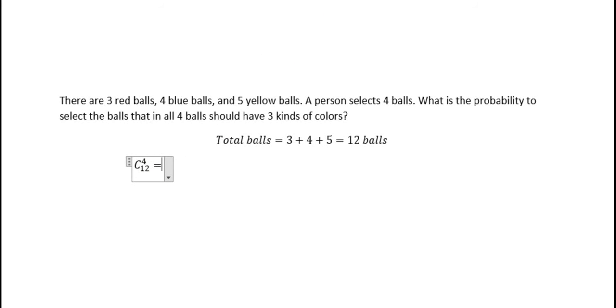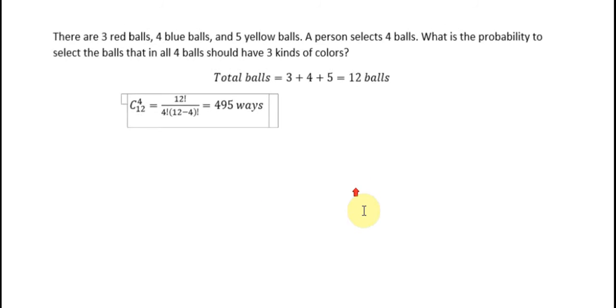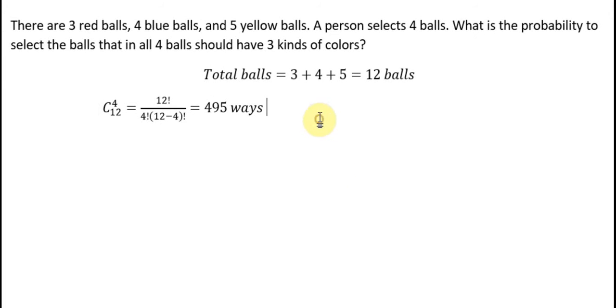Here we have the formula 12 factorial over 4 factorial times 12 minus 4 factorial, and we calculate this number and we get 495 ways. That is the first step.